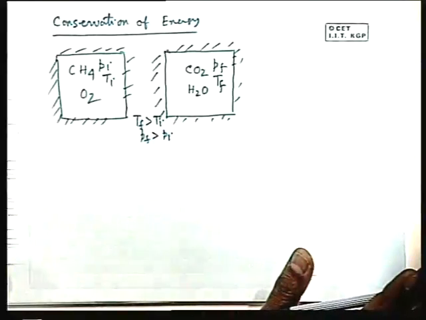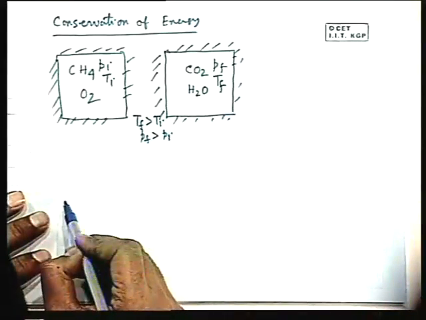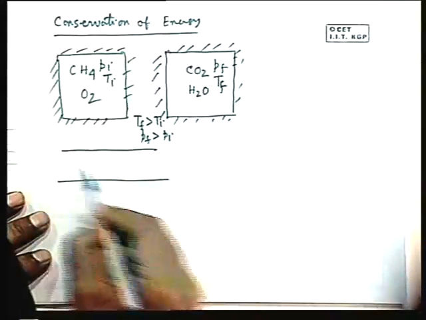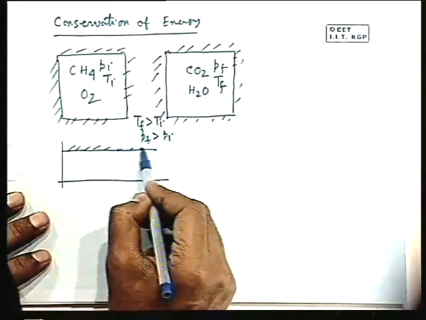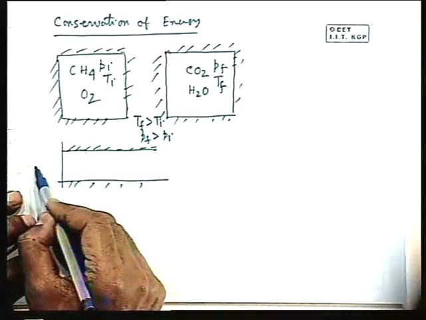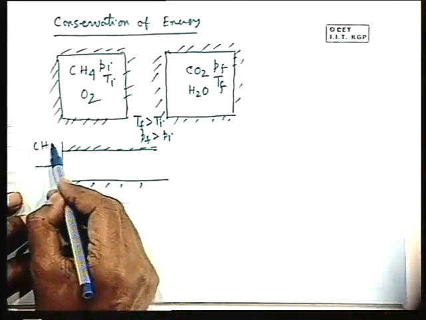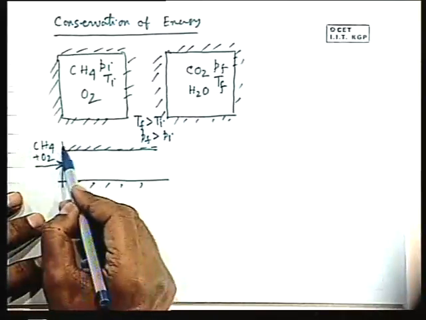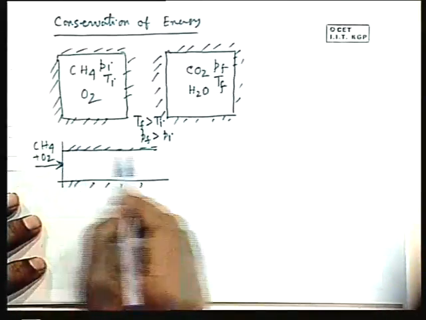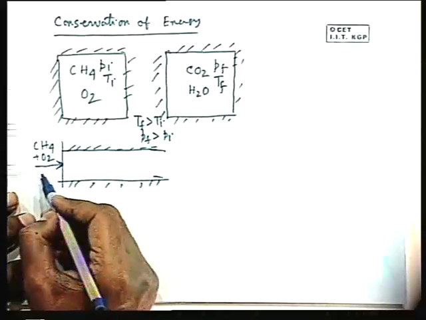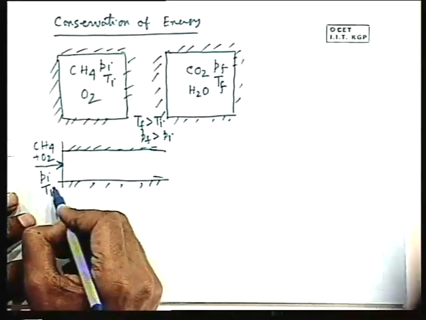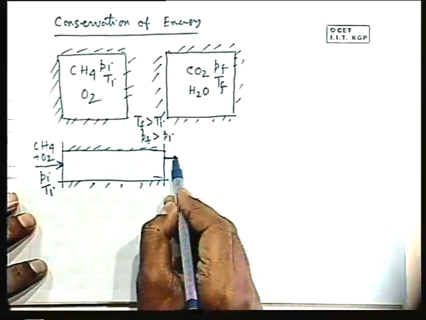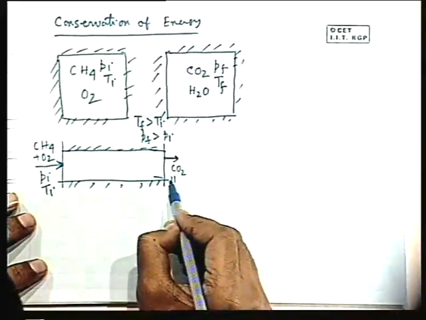It is true. Okay. Similarly, if we make a system like this, an open system, same thing. If we make an open system completely adiabatic, and you allow CH4 and O2 to enter into that section, through this section to this steady flow system where the pressure and temperature are Pi, Ti, conducive for burning, and you expect the burning is complete within this length, and you come out with CO2 and H2O.